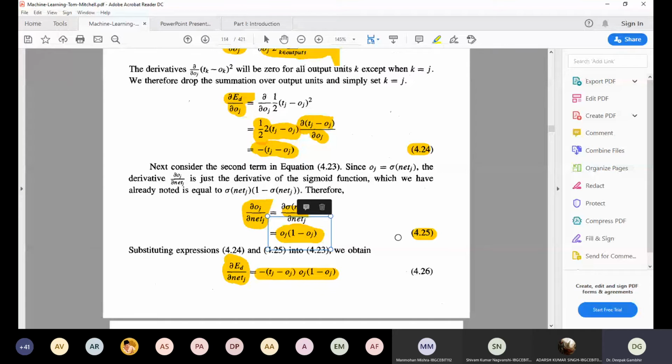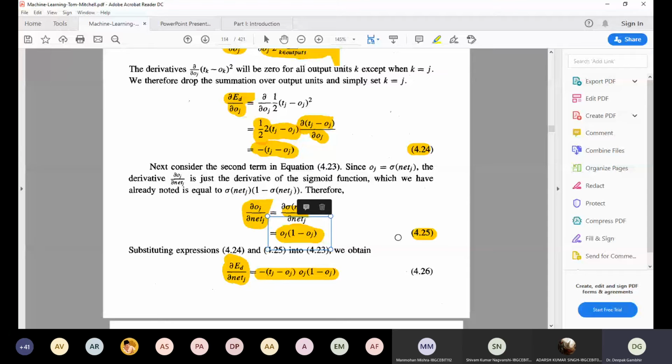This partial derivative is for half of the part, and the rest is the partial derivative of E with respect to net_j, which is multiplied with x_ji to give the partial derivative of E with respect to weight w_ji, which we need to update.